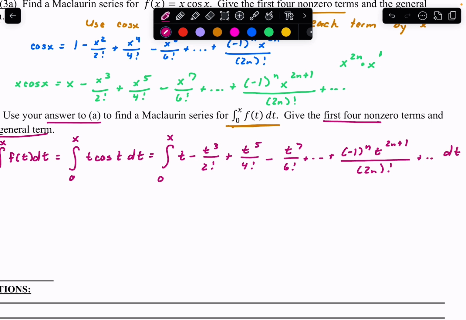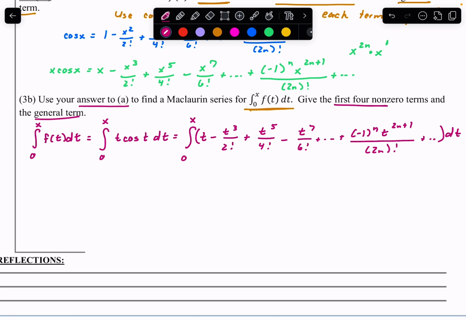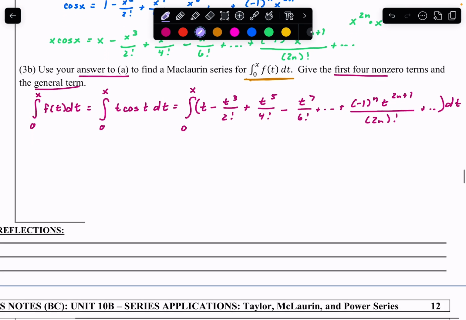So there's a dt here, right? That's what I'm being asked to integrate from 0 to x specifically. So let's integrate this. So I'm going to integrate by adding 1, so t squared over 2. And then you add 1, divide by that same number or multiply by the reciprocal. Don't forget to keep the factorial though.